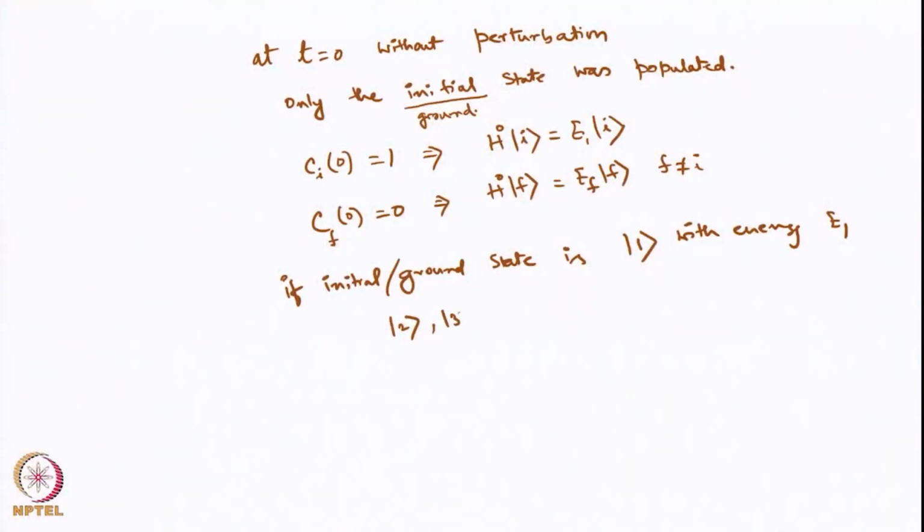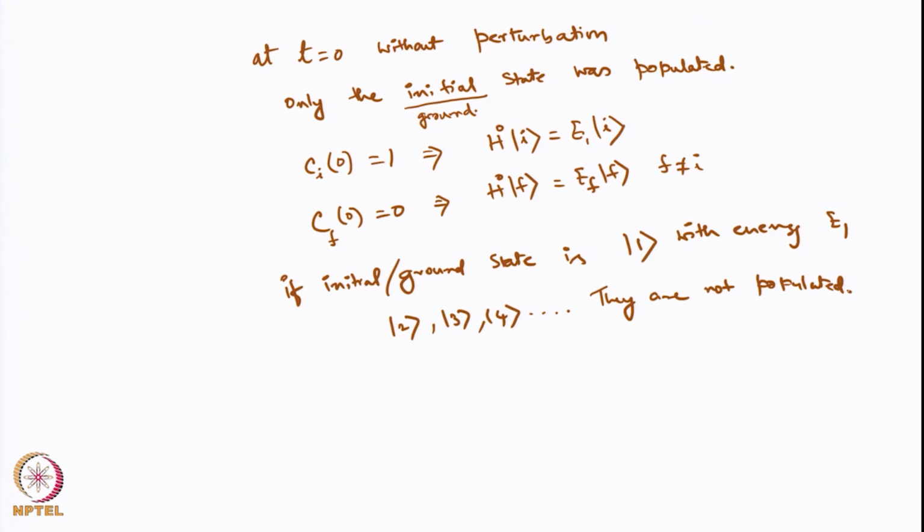Anything other than 1, that means states 2, 3, 4 etc., are not populated. So that is the scenario without the perturbation.